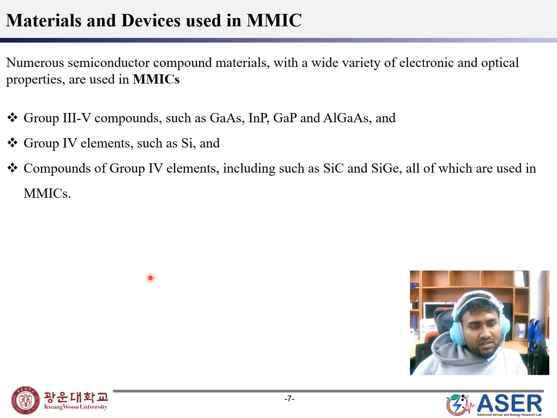Materials and devices used in MMIC. Which types of materials are used for fabricating MMIC? There are numerous semiconductor compound materials with a wide variety of electronic and optical properties used in MMIC.